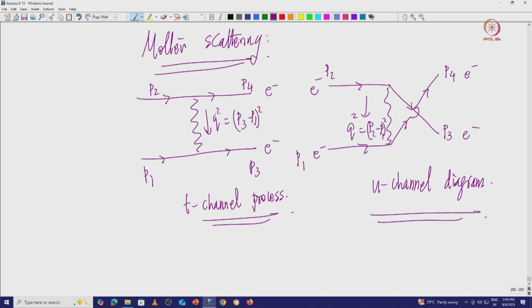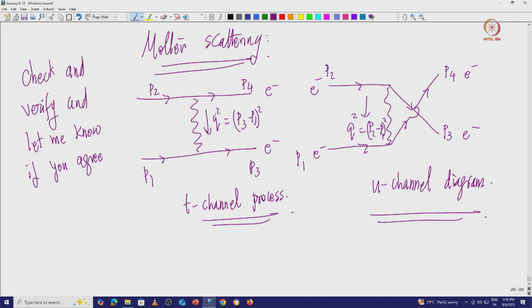I advise you all to try out these diagrams, check and verify at home whether you agree with them or not, and let me know. Do draw independently.